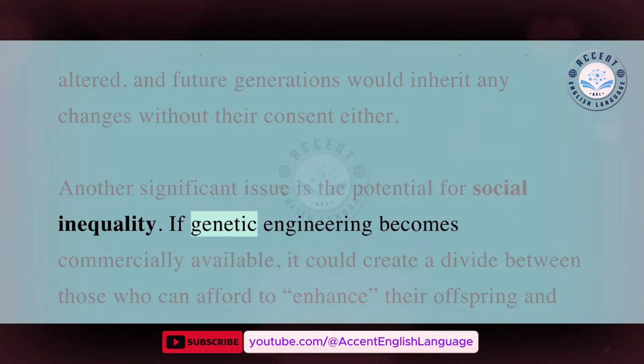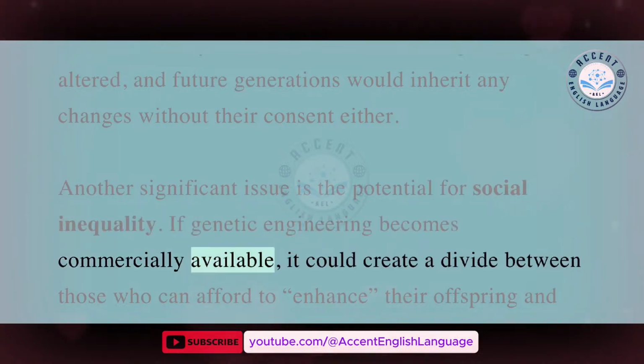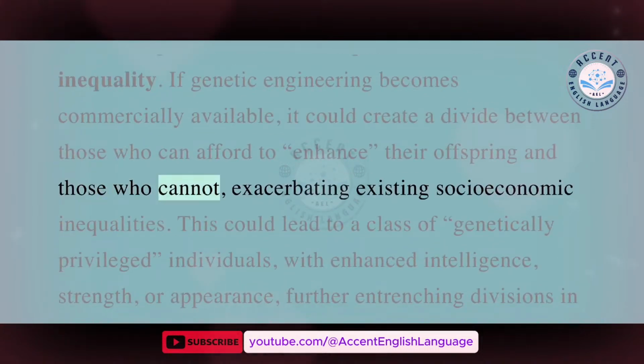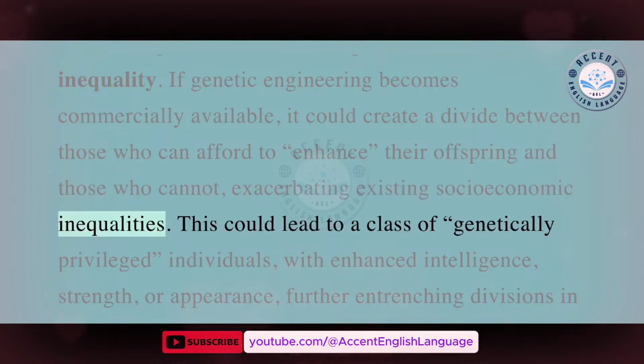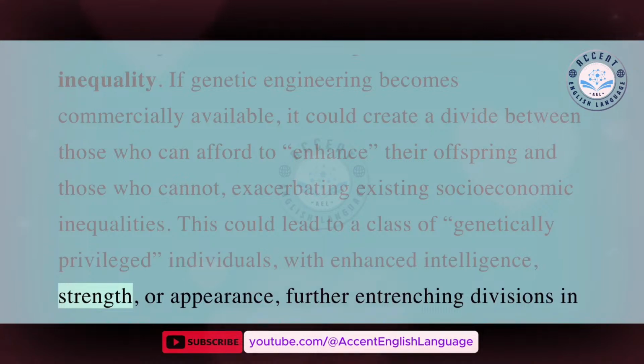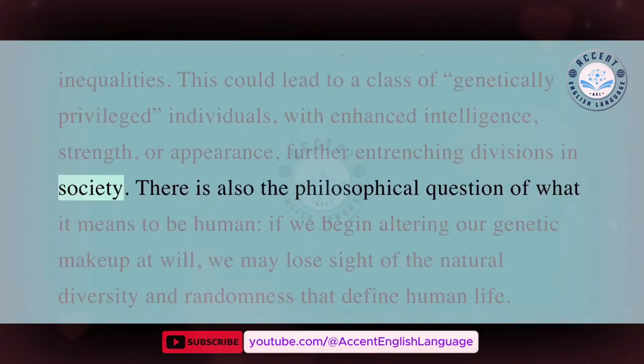If genetic engineering becomes commercially available, it could create a divide between those who can afford to enhance their offspring and those who cannot, exacerbating existing socioeconomic inequalities. This could lead to a class of genetically privileged individuals with enhanced intelligence, strength, or appearance, further entrenching divisions in society.